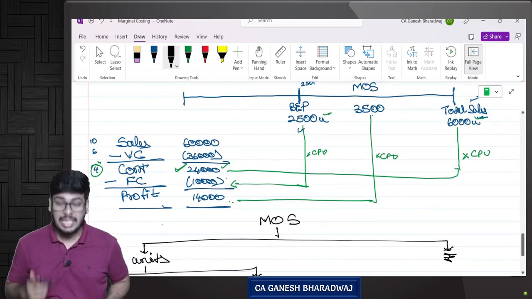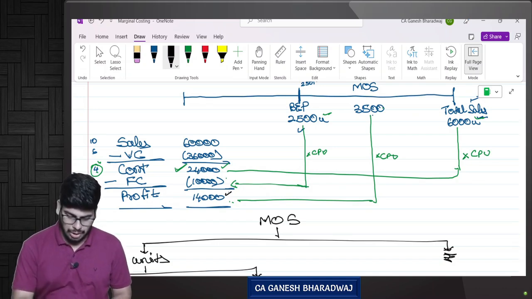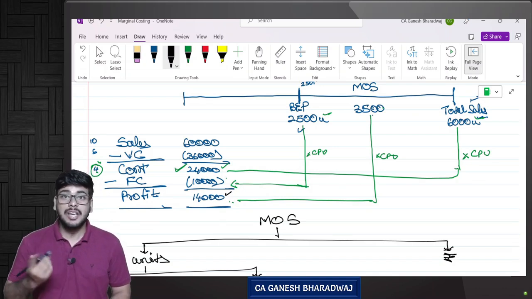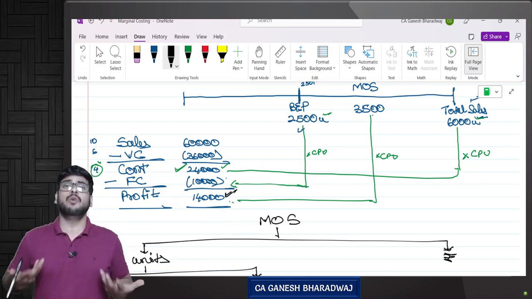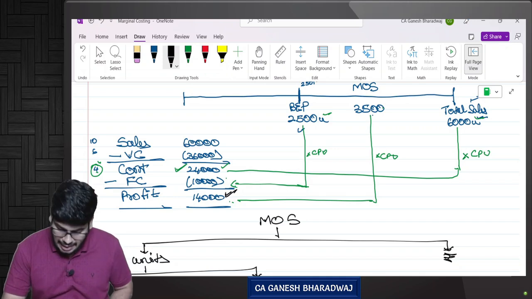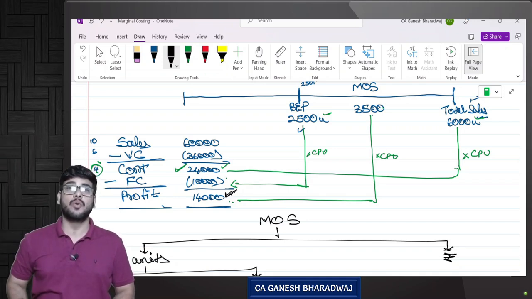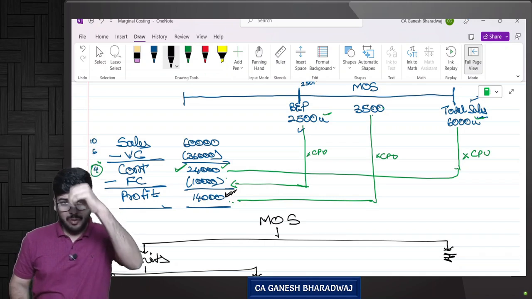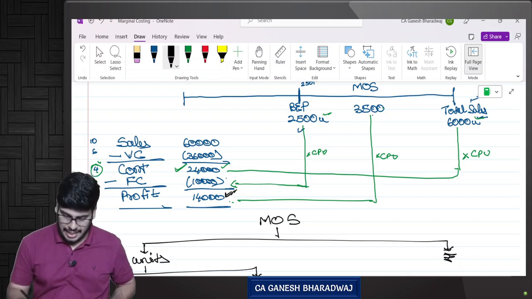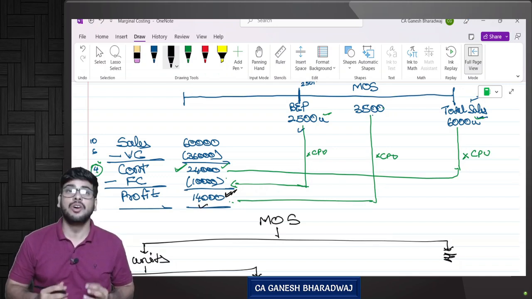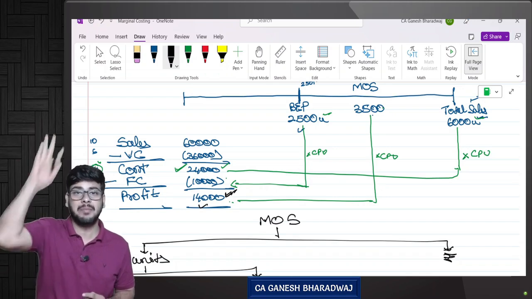What is that formula, sir? Suppose profit is given 14,000. Yes, we know the contribution per unit 4 rupees. Can we say that profit 14,000, how I generated profit? This entire profit was generated only through the margin of safety units. Why? Because the break-even point units was generating contribution enough to recover only my fixed cost. So can I say this entire profit was actually generated through the contribution given by my margin of safety units?